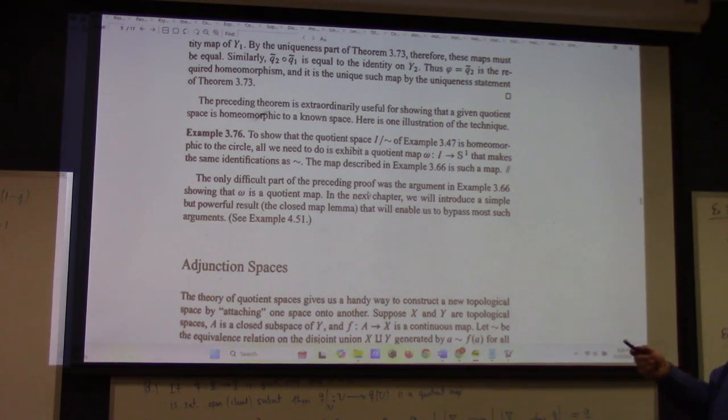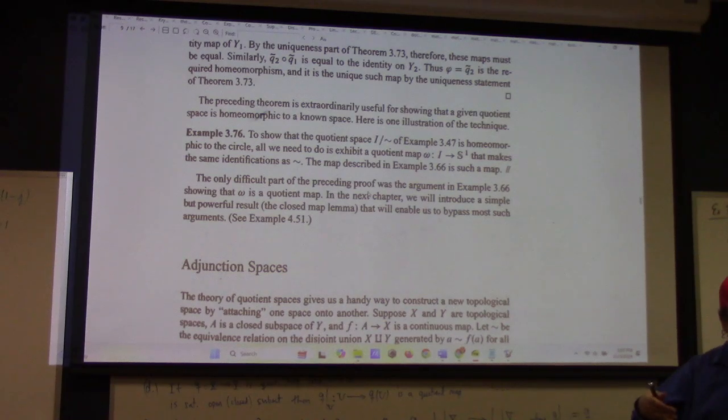Yeah, okay, so to show that that's homeomorphic to the circle, we just need to exhibit a quotient map, omega, which also has I going to S1, and it has to make the same identifications as tilde. But that's exactly that long example I just bullied you through about 10 minutes ago with the omega and the S naught and the plus or minus epsilon business, all that.